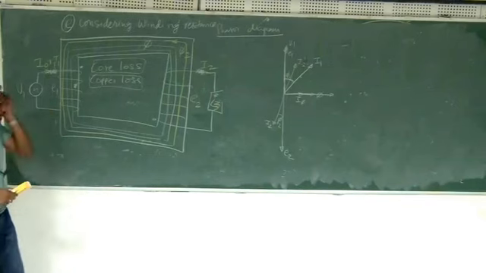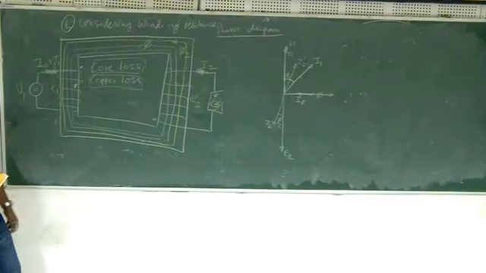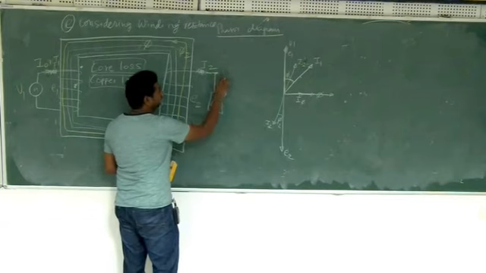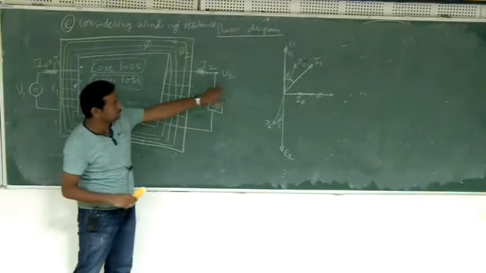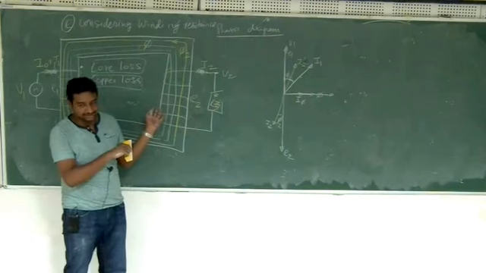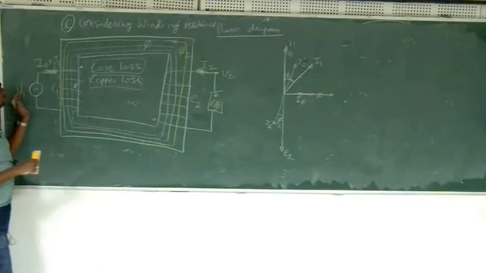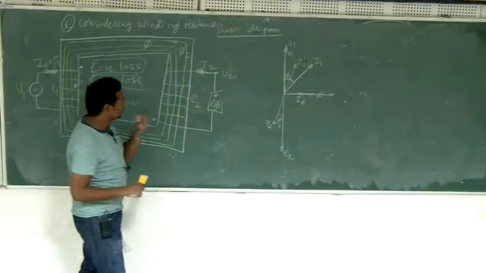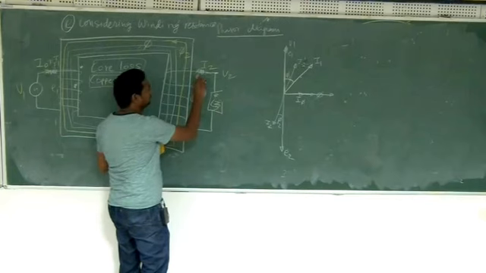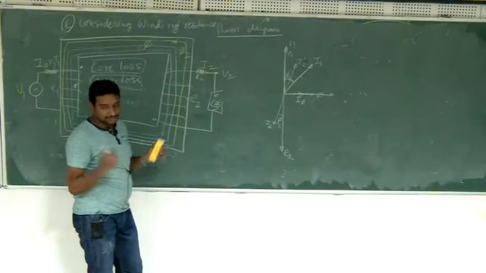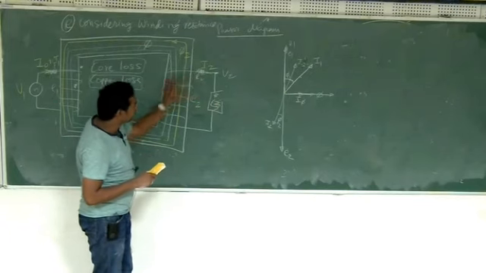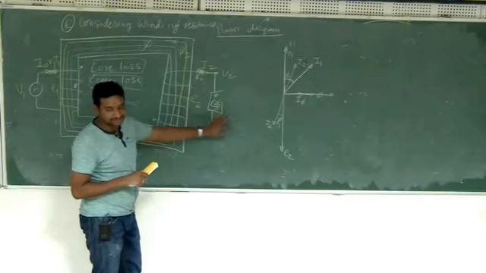How will you account for that? Here we introduce V2. V2 is the terminal voltage, E2 is the internal induced voltage, just like V1 is the terminal voltage and E1. This I2 is flowing in R2, so an I2 R2 voltage drop will be there. That voltage drop you subtract from E2, then you will get V2.